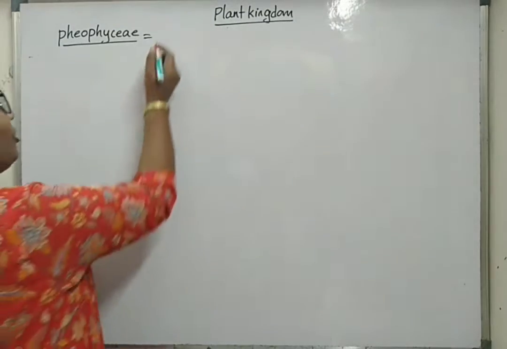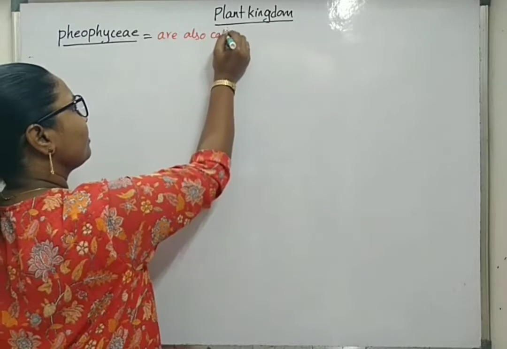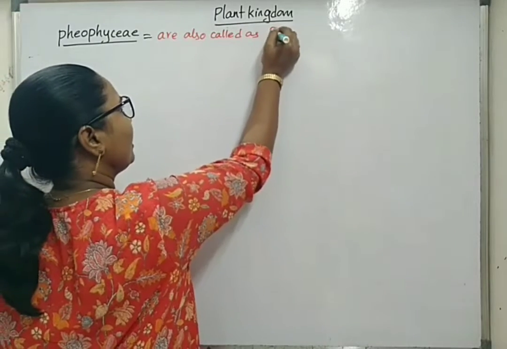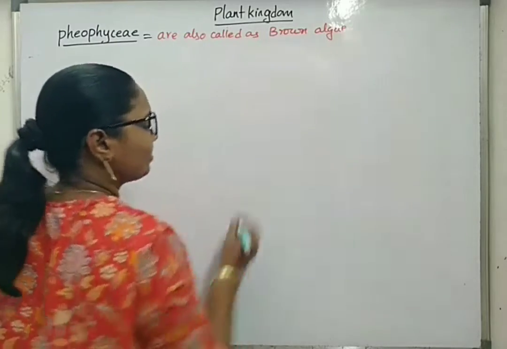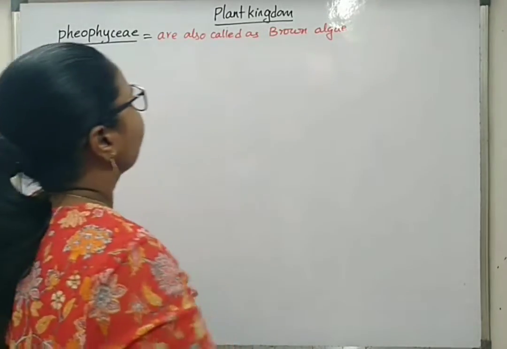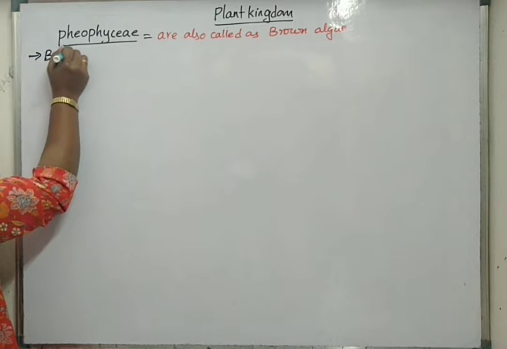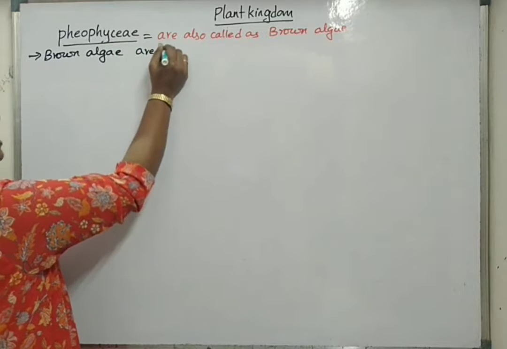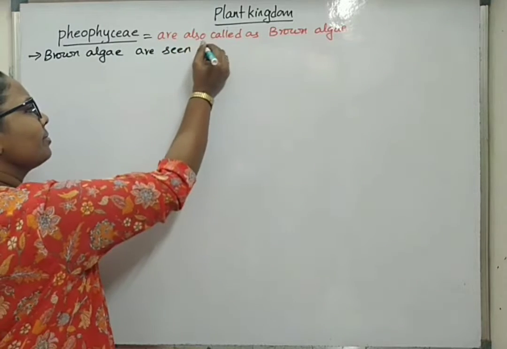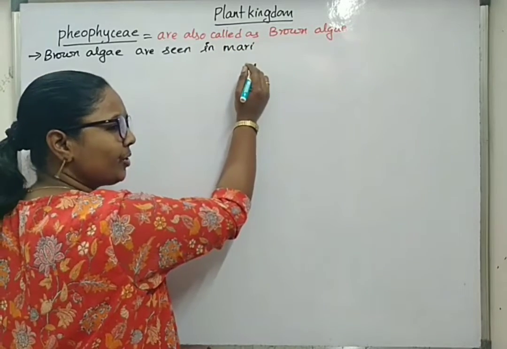These Phaeophycy members are also called as brown algae. Brown algae are seen in marine water, means there are no freshwater forms.